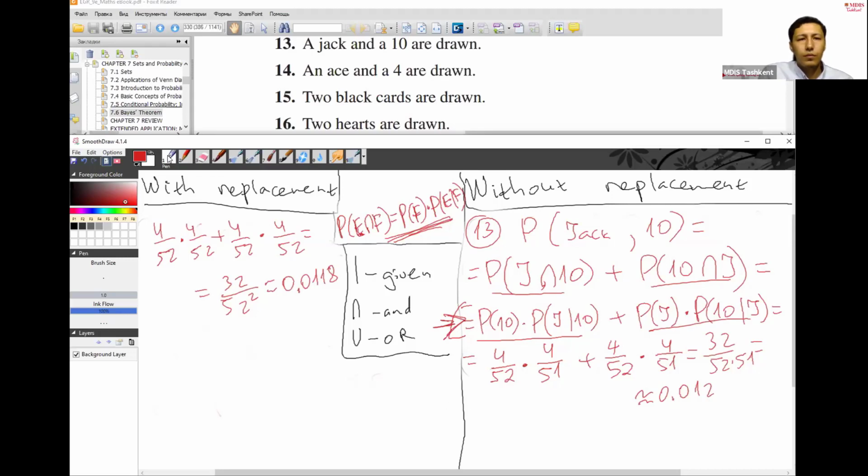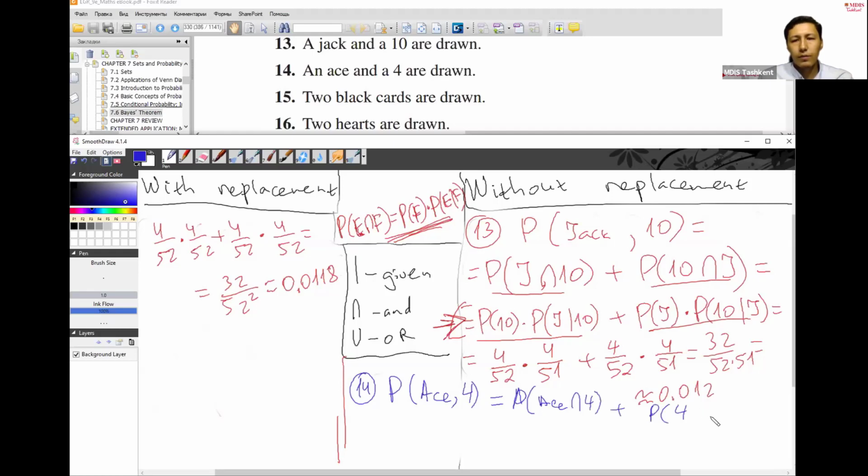Next. Number 14. Probability of choosing ace and 4. So ace and 4. That means we have two cases again. Can be first ace and second is 4, or first one is 4 and second is ace.